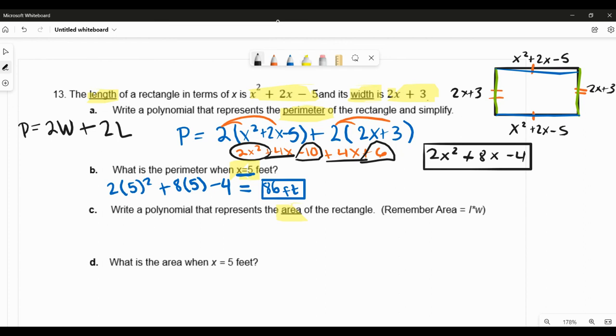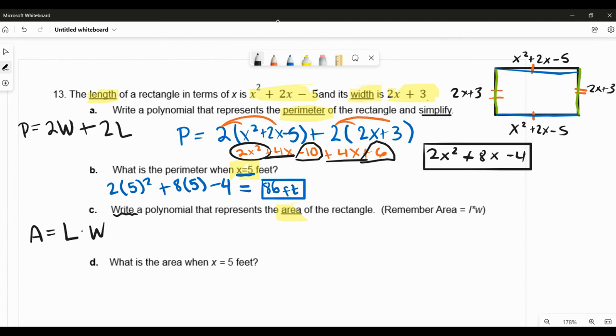Well, remember that to find the area of a rectangle, this is something you probably learned in middle school, the area of a rectangle is equal to the length times the width. Now, in this problem, we're just asked to write it. We're not asked to simplify like we were up here. So this makes our life a lot easier because otherwise we're going to need a 2x3 box and we don't want to do that.